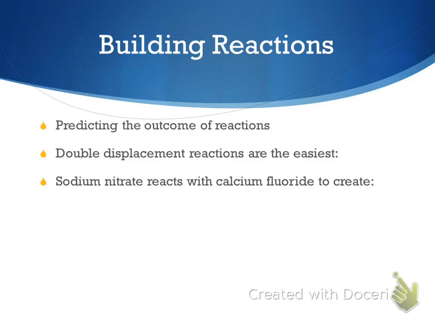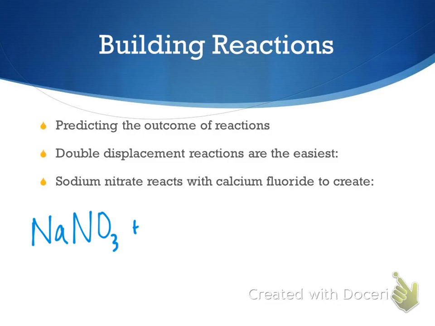Okay, so sodium nitrate. Let's start putting that together. Sodium is what charge? Sodium's Na, +1. And what's nitrate? NO3 minus 1. So sodium nitrate should fit together perfect, right?